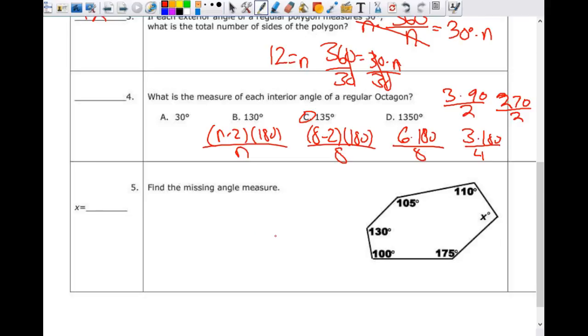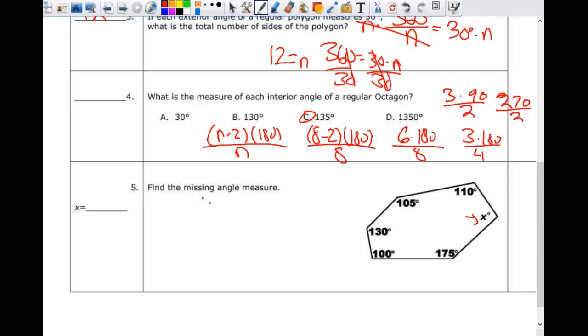Okay, find the missing angle. Try to find this missing angle right here. We need to find the sum of interior angles for all of these. This is 1, 2, 3, 4, 5, 6 angles.